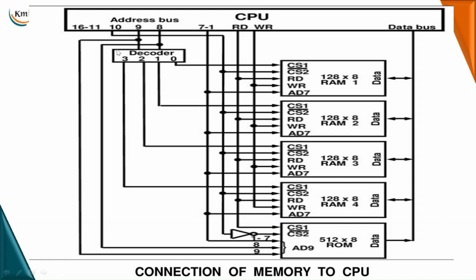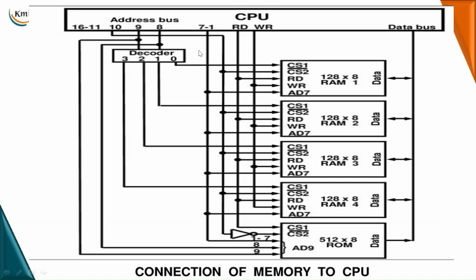And these 8 and 9 bits also act as address bits for your ROM if the ROM has to be selected. Now, to select between a RAM and a ROM, the CPU uses bit 10.